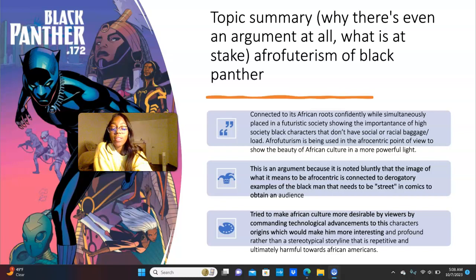This is an argument because it is noted very bluntly that the image of what it means to be Afrocentric is connected to derogatory examples of the Black man that needs to be street in comics to obtain an audience, because it was said in the editorial as well that they thought that the Black Panther would be better criticized if he was just a man from the streets rather than a man from Wakanda, which in the comic books was a country that also wasn't colonized yet.